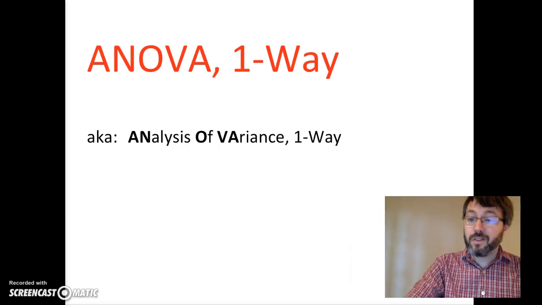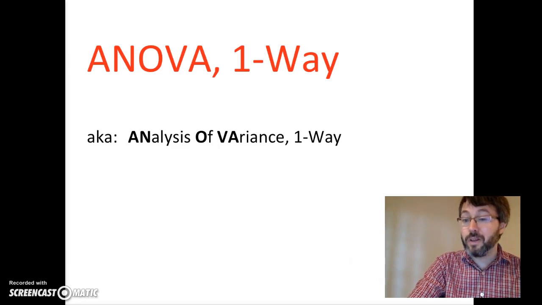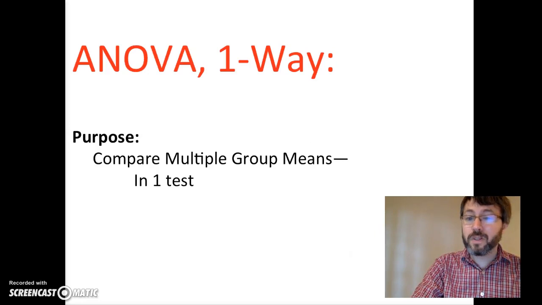So the first technique is the analysis of variance, or a one-way ANOVA. You can see here that analysis of variance is just the basis of this acronym ANOVA that we'll look at. And ANOVA's purpose is to compare the means of multiple groups in one test.